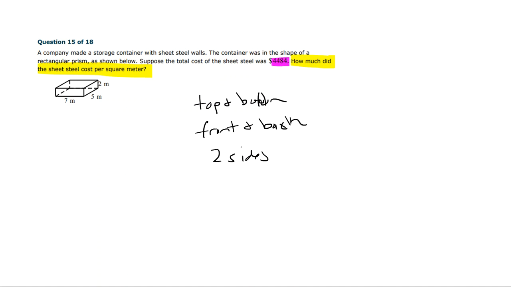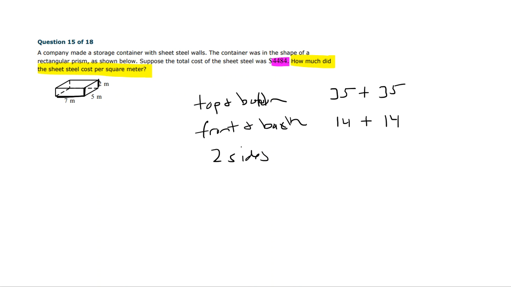We know that the bottom is a 7 by 5. So that would be 35. And there's 2 of those, a top and a bottom. And then we have a front and back. We can see that our front is 7 by 2, okay, because this is the height right here, right? So 7 by 2, which is 14, and there's 2 of those.